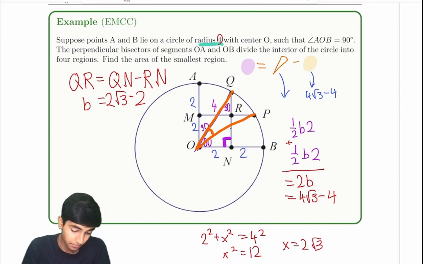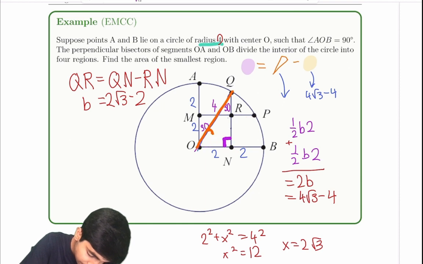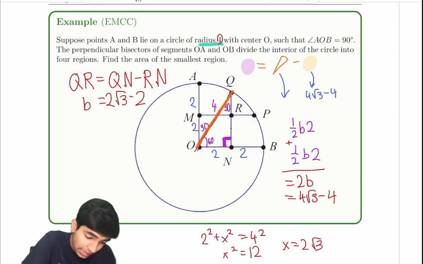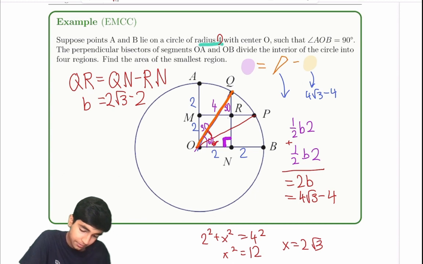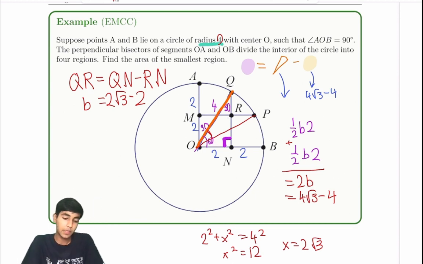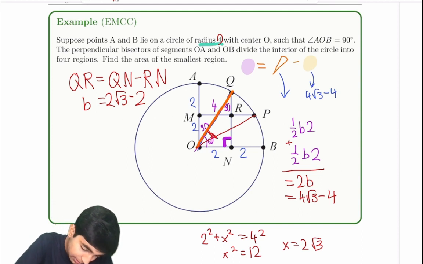So what we can do is notice that if this whole part is 60, all we need to do to find the central angle over here is subtract off this part over there. What is the angle of that part over there? Well, here's a key idea. Notice how that angle is 60, right?